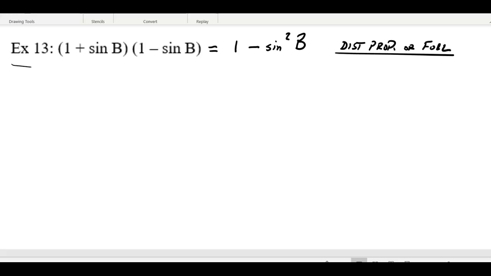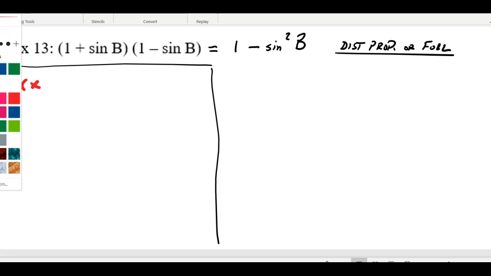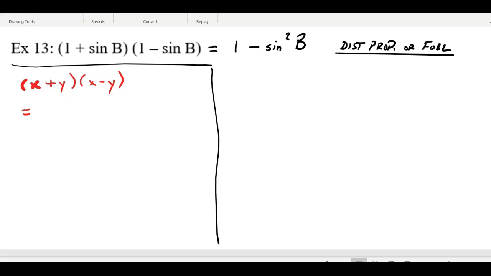So I'm going to, once again, dive into my auxiliary board here. I do want you guys to know that when you do x plus y times x minus y, you FOIL this out, x times x, x times negative y is negative xy, y times x is xy, and then y times negative y is negative y squared.